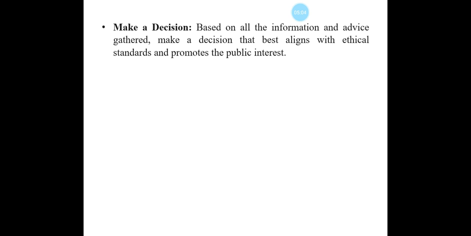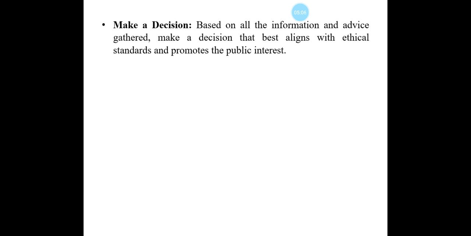Also, we have another step that may make it easier for them, which is to make a decision. Based on all the information and advice gathered, the worker or the employee can make a decision that best aligns with ethical standards and promotes the public interest.